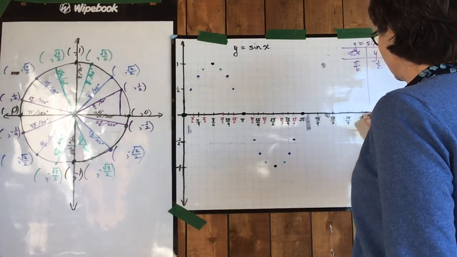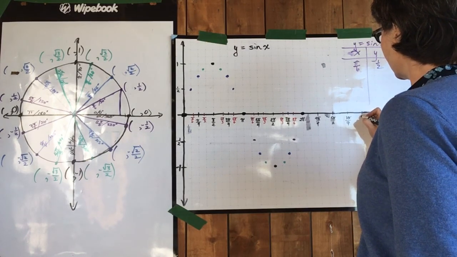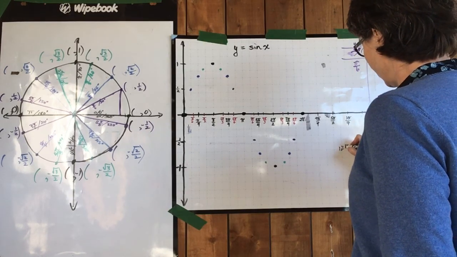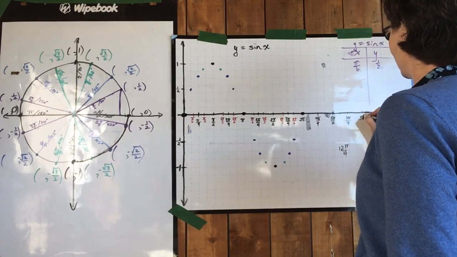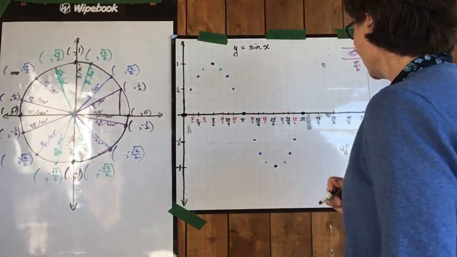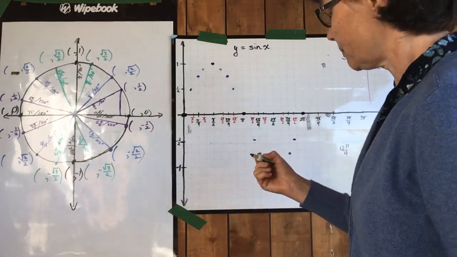You could keep going around the circle: 12 pi over 4, which is, oh my goodness, 3 pi, which is all the way around and half a rotation more. We could keep going and the same pattern will continue, but let's draw in this pattern now.